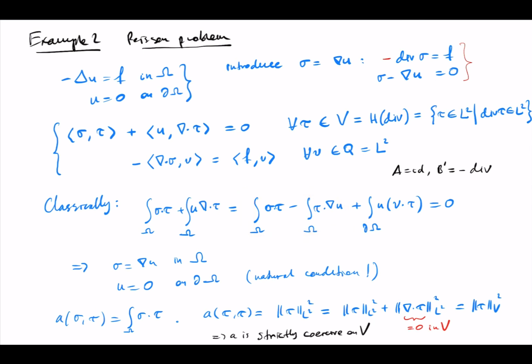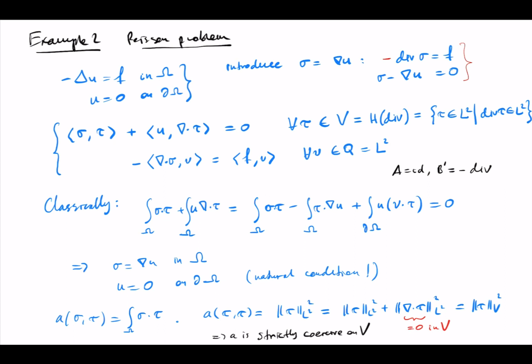Now we consider test vector fields tau that are non-zero on the boundary, and because this combination can be something arbitrary, this gives us u equal to 0 on the boundary. So the Dirichlet boundary condition actually arises naturally in this formulation. By the way, this type of formulation is called a mixed formulation.